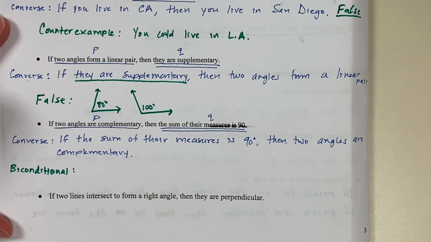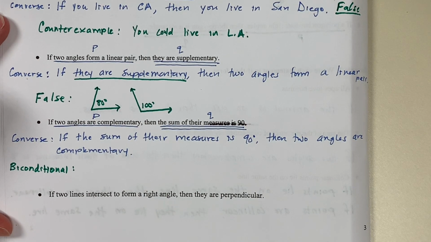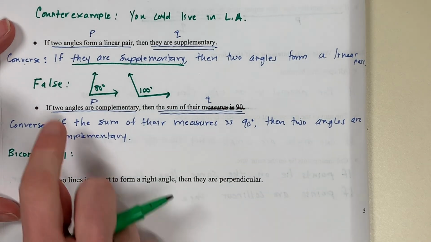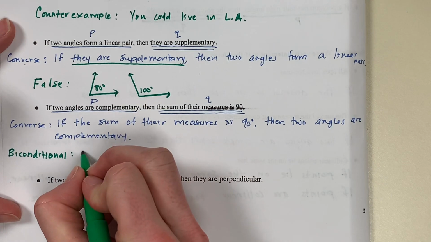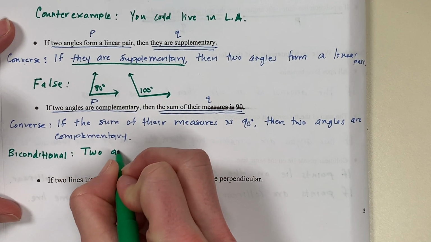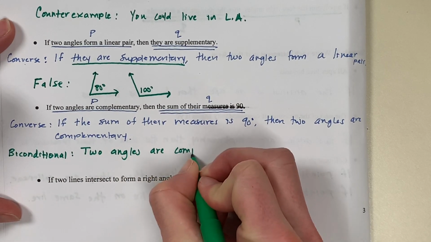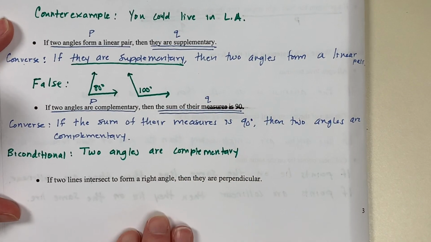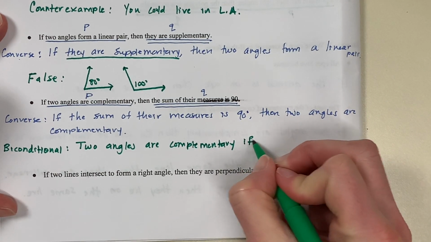Okay? Now to write the biconditional, you separate the hypothesis and conclusion of the conditional with the phrase if and only if. So if you look at the original conditional statement, the hypothesis is two angles are complementary. So I'm going to write that without the word if. After I write the hypothesis, I'm going to write the phrase if and only if.